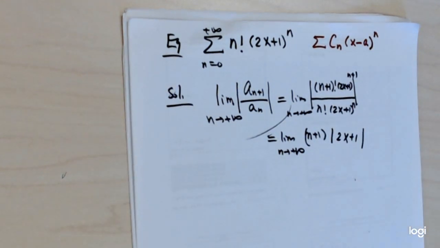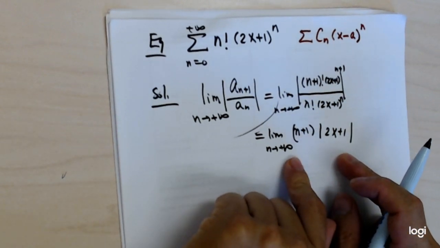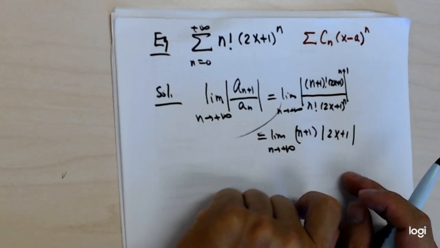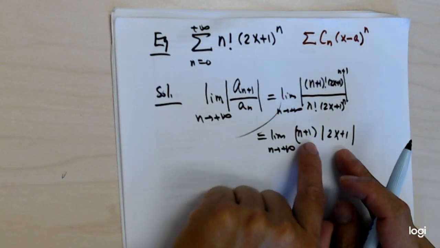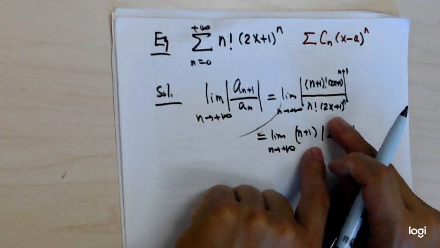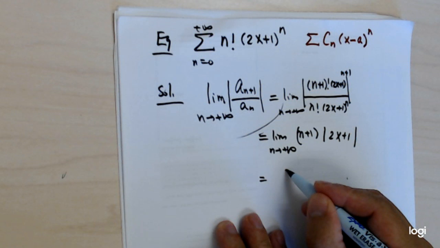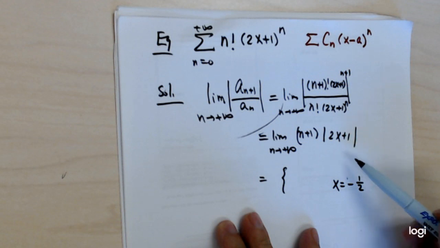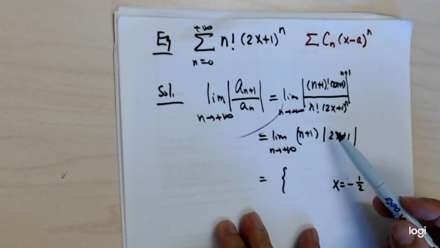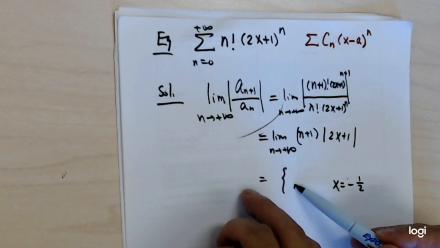So what is the limit of this thing that we just simplified as n goes to infinity? It's n plus 1 times the absolute value of 2x plus 1. Some of you may say, wait a second, this is always going to be infinity. Indeed it will be infinity unless this term is 0. If x is negative 1/2, this term is 0, and n plus 1 times 0 is always 0, so the limit is 0.